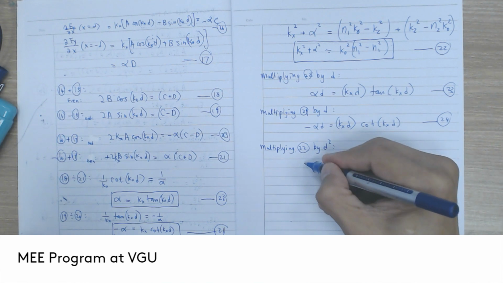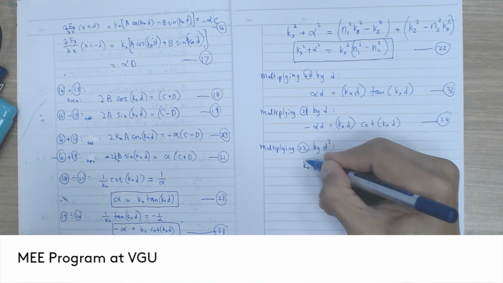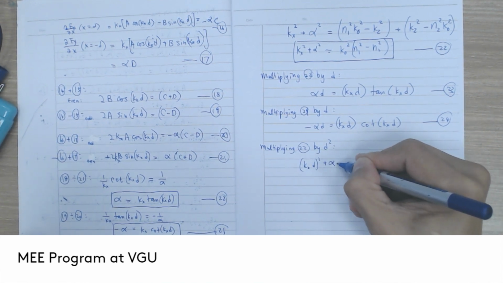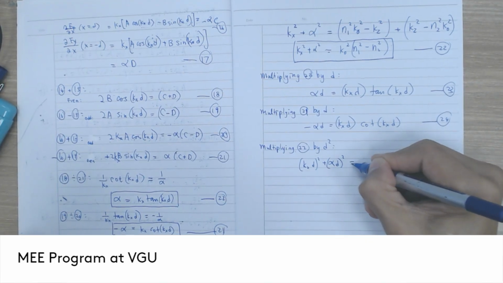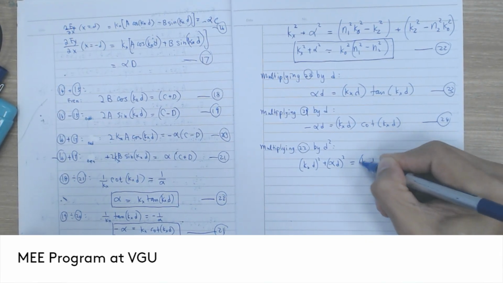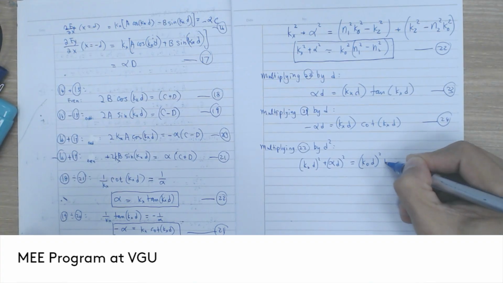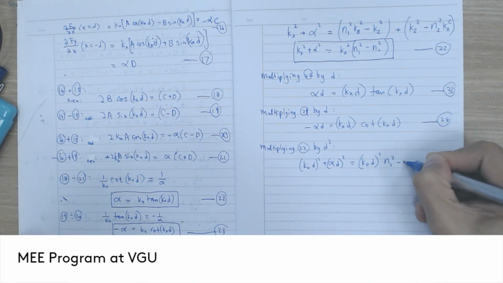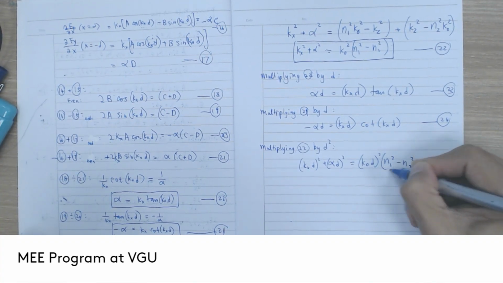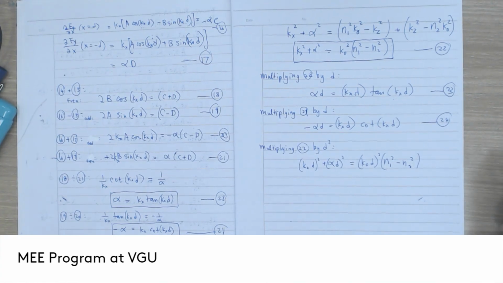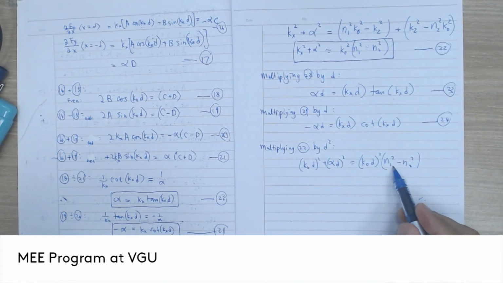So what we can get here is kx squared d squared plus alpha squared d squared equals d squared k naught squared times n1 squared minus n2 squared. Now, there is a name for this variable.